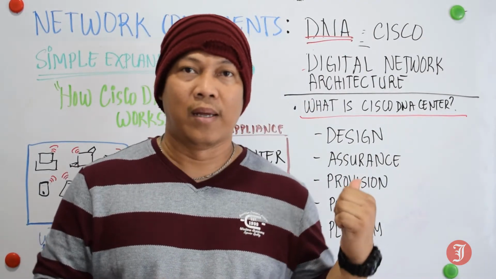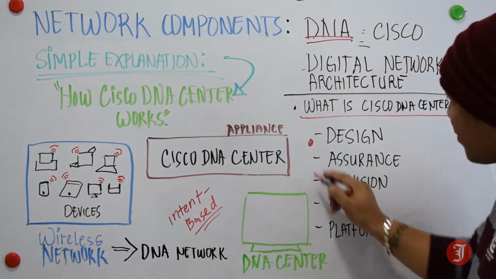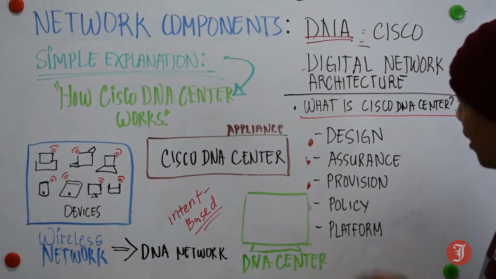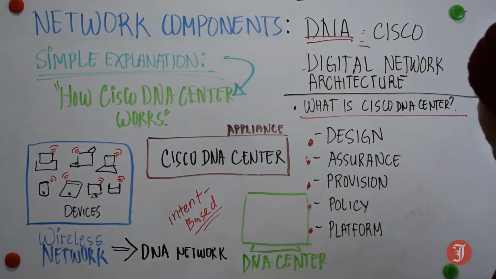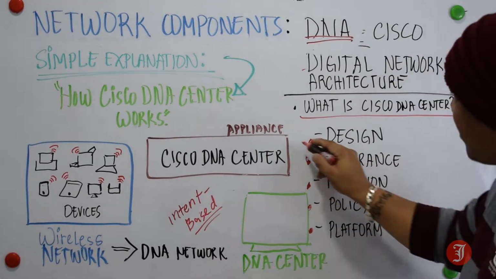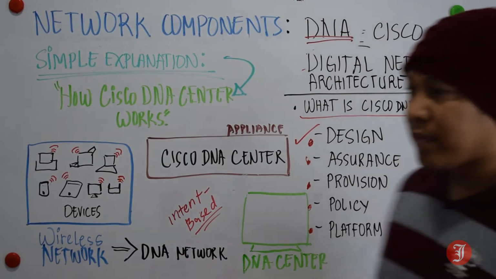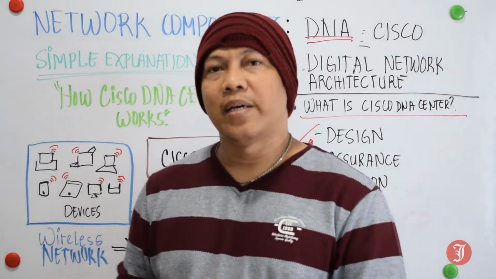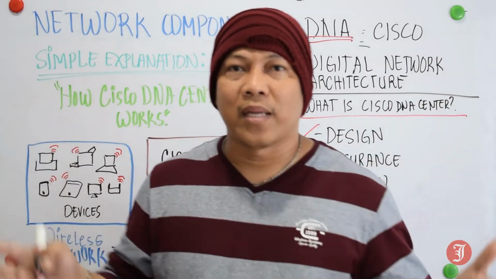Susunod na. So ngayon, dito sa baba, meron tayong design, assurance, provision, policy, and of course, the platform. So, pag-usapan muna natin yung design. Ano ba yung ibig sabihin ng design? Yung design, you can plan and design your network kung saan mang parte yan ng mundo.